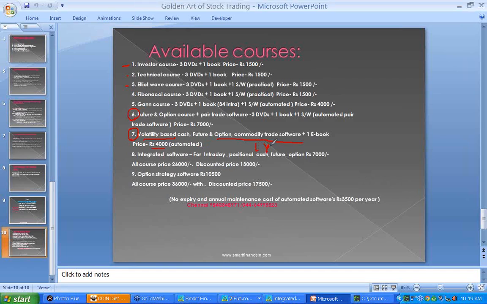The concepts he taught at the beginning, 10 days volatility, calculating annual volatility, and the segregation as per volatility concepts, whether Gann or Fibonacci, are already programmed in the software. The user has to do nothing other than select the stock code or commodity code.